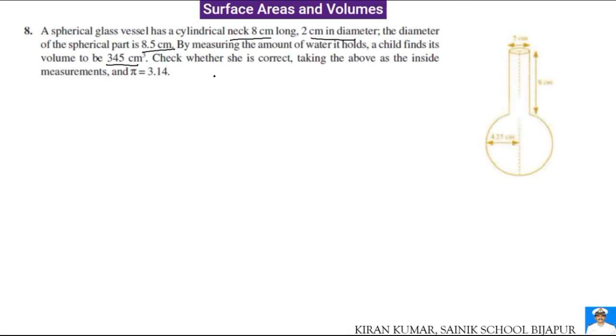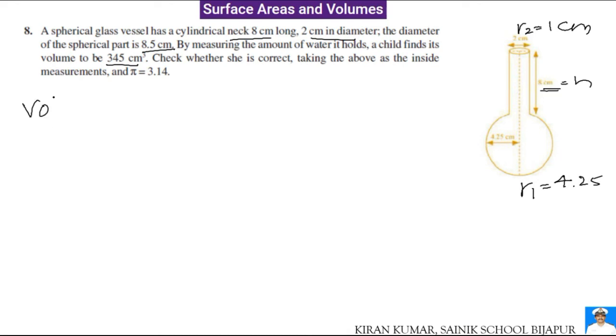This will be the spherical glass vessel which is having a cylindrical neck. The length of the cylindrical neck is 8 cm, that's the height of the cylinder. Radius of the cylindrical part, I will call this as R2, this will be equal to 1 cm, and the radius of the spherical shape is 4.25 cm.